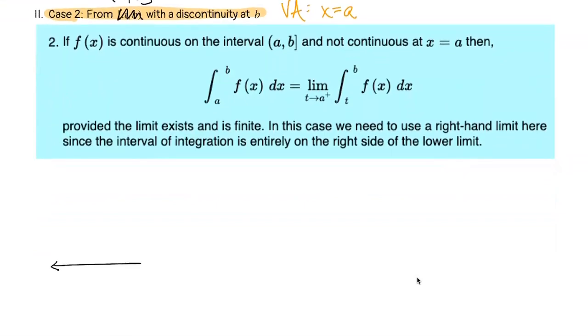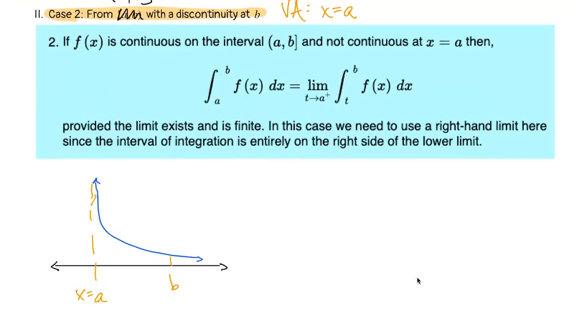We've got our function that is going to have a vertical asymptote at x equals a. And then the function that we're looking at is not on the left-hand side of this, but rather on the right-hand side. And then we've got some stopping point.